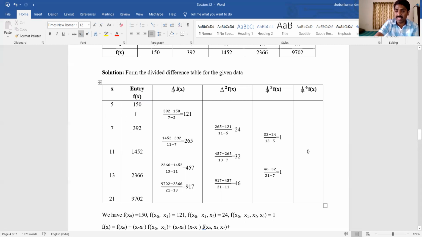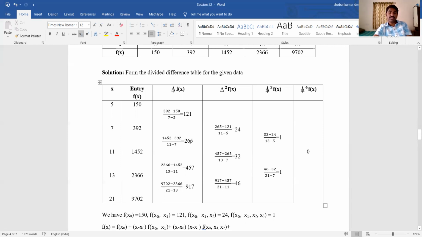Both can be interchanged. Here 392 minus 150 divided by 7 minus 5 is 121. Then 1452 minus 392 divided by 11 minus 7 is 265, and 2366 minus 1452 divided by 13 minus 11 is 457, and 9702 minus 2366 divided by 21 minus 13 is 917.